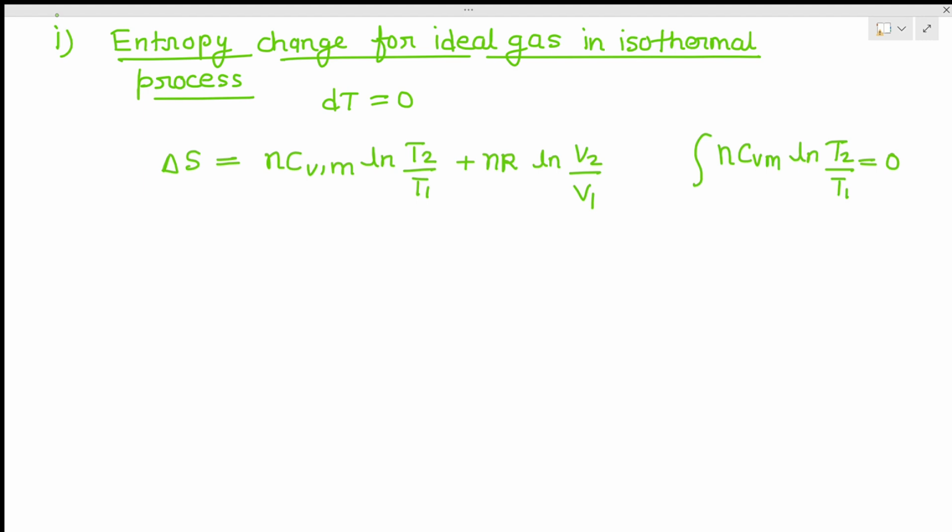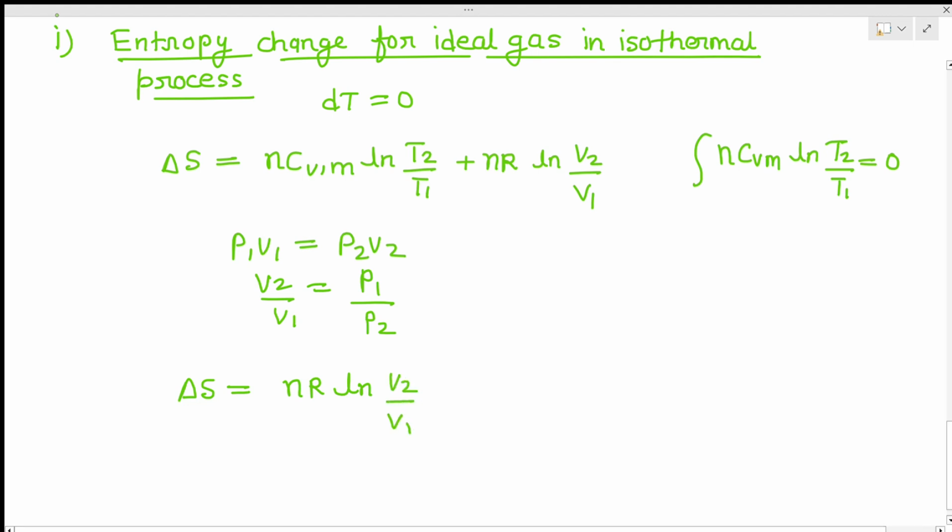And P1V1 is equal to P2V2 for an ideal gas. So we can write V2 upon V1 equal to P1 upon P2. So first, delta S is equal to nR natural log of V2 upon V1. Or we can write delta S is equal to nR natural log of P1 upon P2.